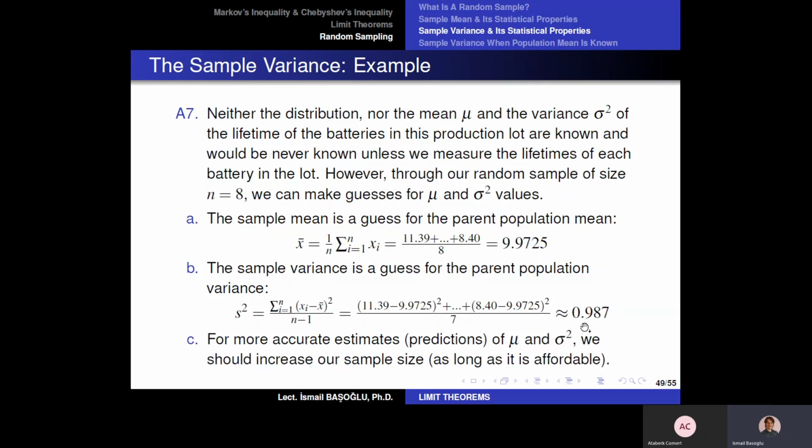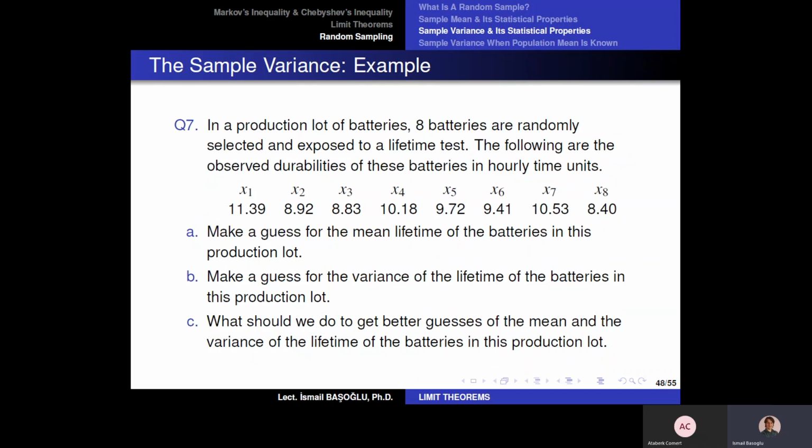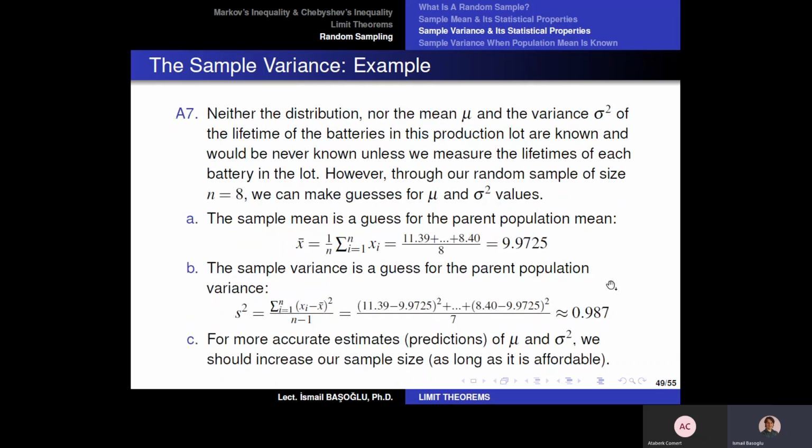And the sample variance is 0.987, which is close to 1. As you can see, these values are very successful in guessing the true parent population mean and the true variance. Practically, this data is coming from a real distribution with true expectation equal to 10 and true variance equal to 1.